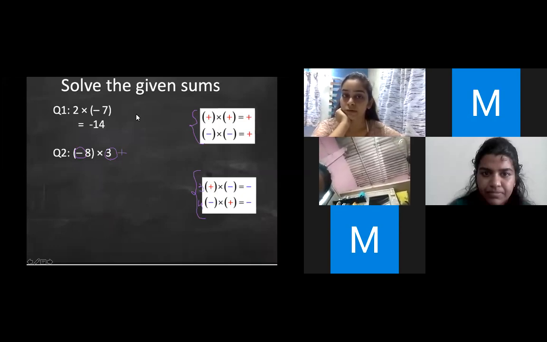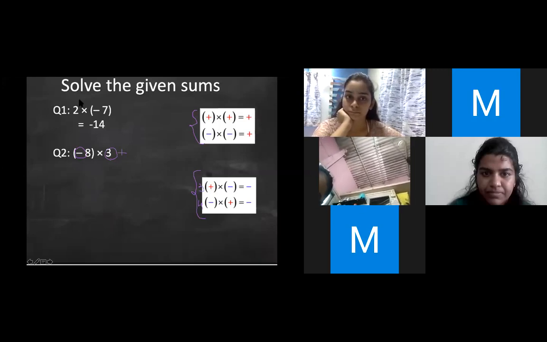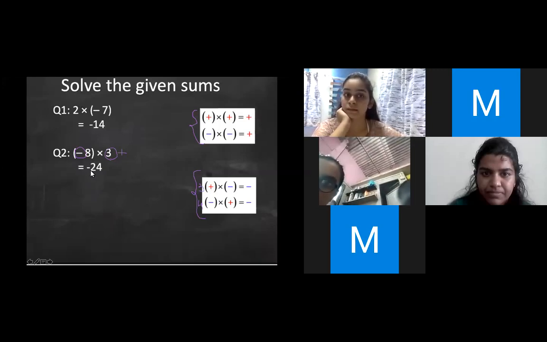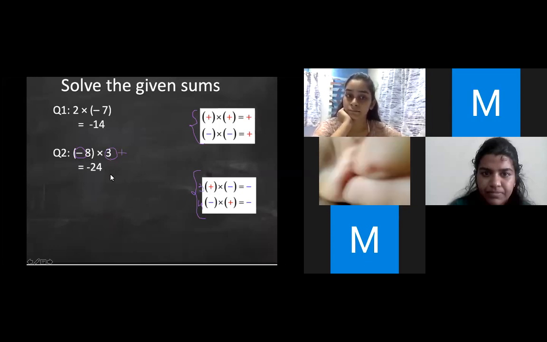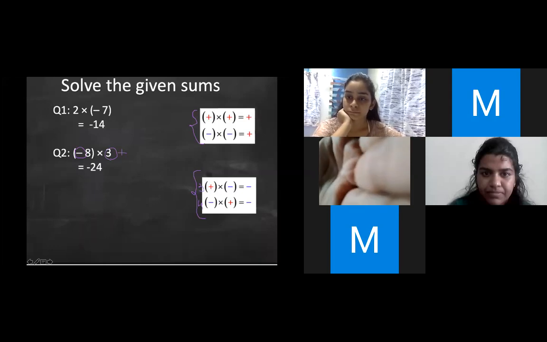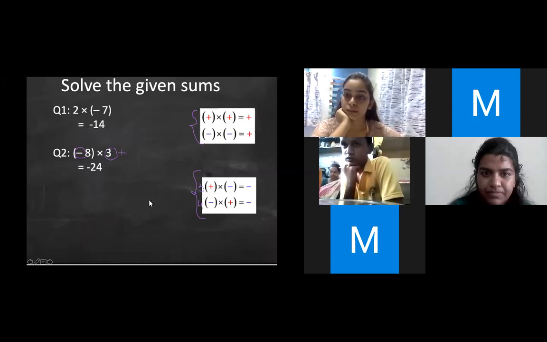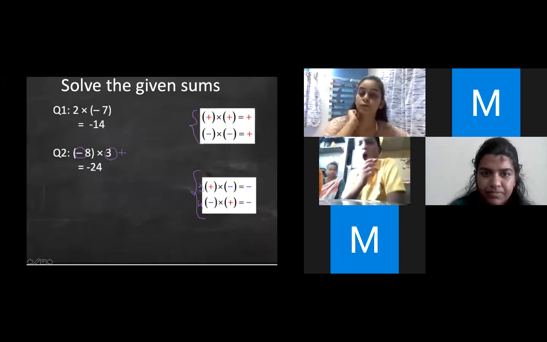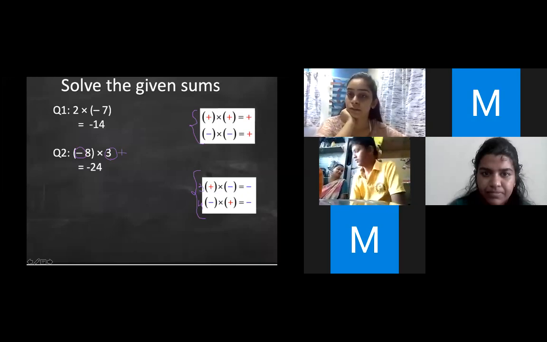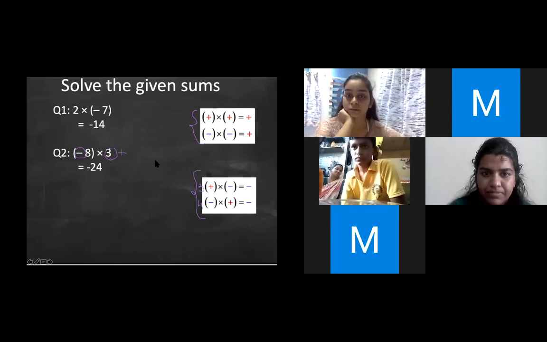So, our final answer is minus 24. Did you guys understand why we got the minus sign? Yes. Because of the second formula here: when minus is multiplied by a positive number, the answer is always negative. Correct. Great. Let's look at the third formula now.